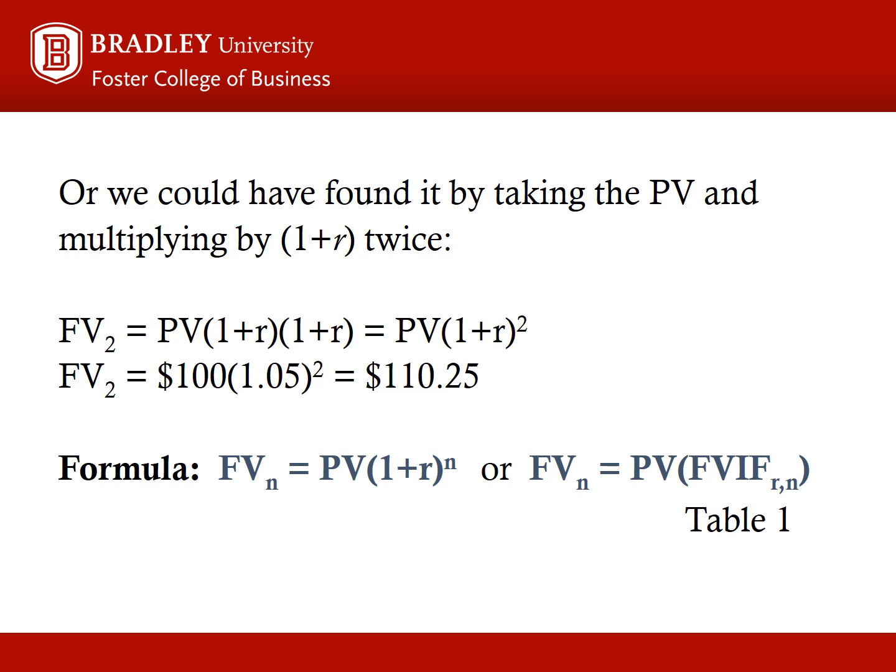So you'd move across the top of the table till you find your interest rate, in this case 5%, and move down into the body of the table, down the column, 2 periods. So R is 5%, N is 2 for 2 years, and that's where you would find your interest factor. If you look it up, you'll see it's 1.103 in your table because it truncates at the 3rd decimal point.